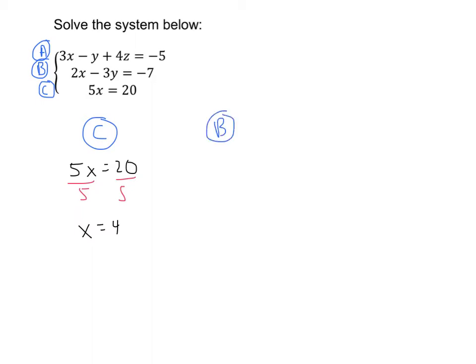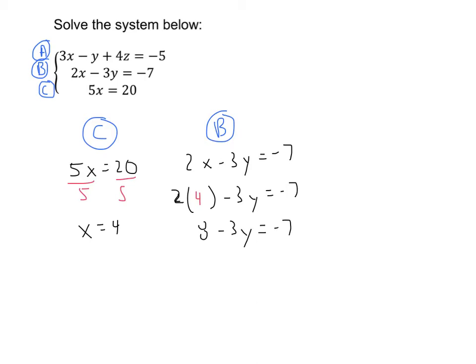Equation B said 2x minus 3y is equal to negative 7. Now I know the value of x, so let's replace x with 4, and we should be able to solve for y. We get 8 minus 3y is equal to negative 7.